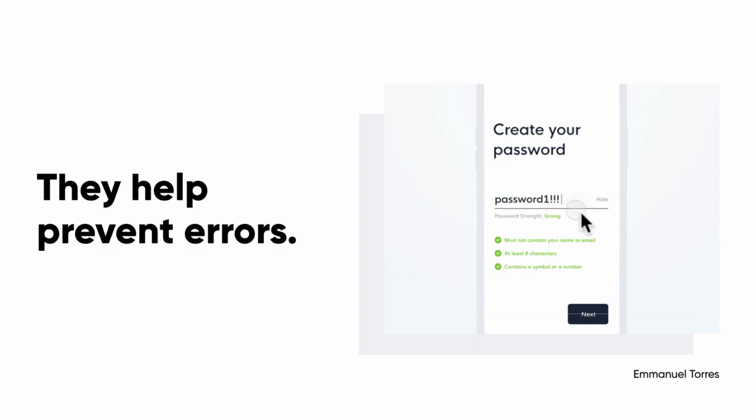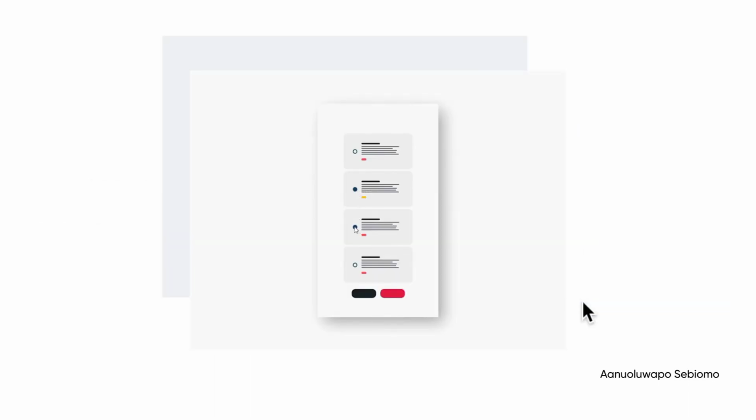Having the inline validation while it's happening, instead of forcing the user to click submit or next, is really helpful. But it's also helpful when thinking about undo. Sometimes we make mistakes and click things accidentally, and your product should always make it easier for users to go back and undo the action they did in the first place.